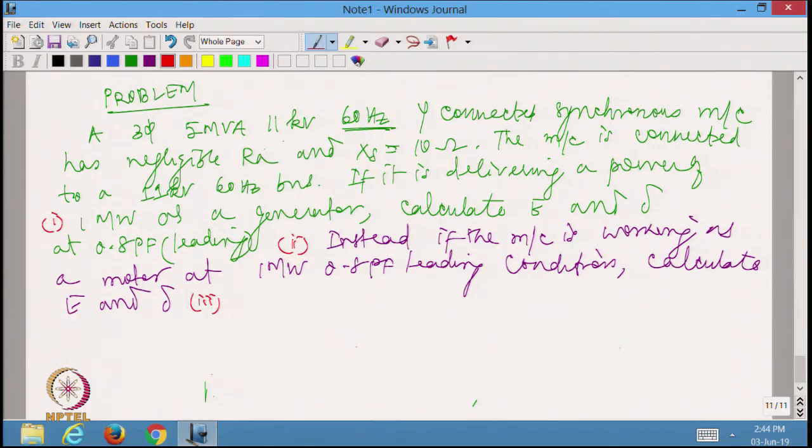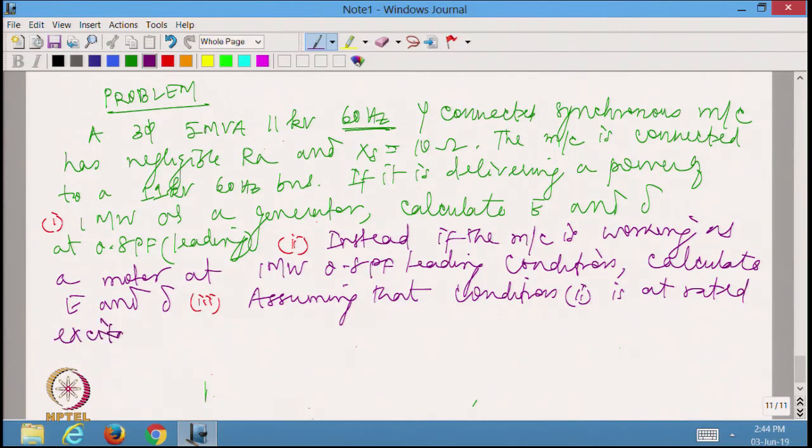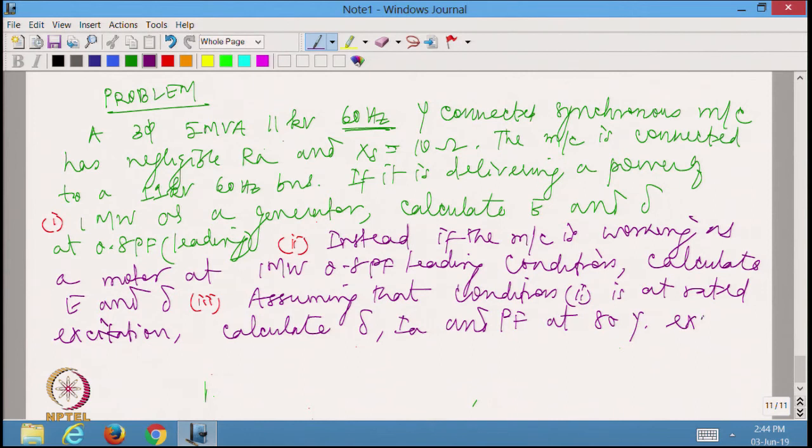Third portion is: assuming that condition 2 is at rated excitation, calculate delta, IA and power factor at 80% excitation and 1 megawatt output for motoring operation.